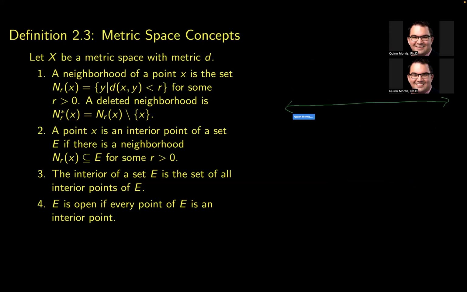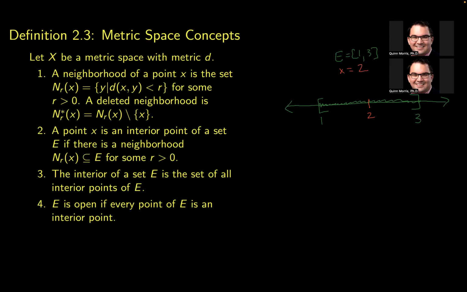So imagine I had the closed interval, say 1 to 3. Now, if I pick some point, say 2, sitting inside here. So my set E, just to be clear, is this closed interval. It's this whole set. I'm imagining E is the closed interval [1, 3]. My point X that I'm looking at, trying to decide if it's an interior point, is 2.